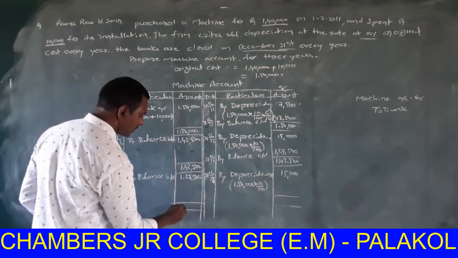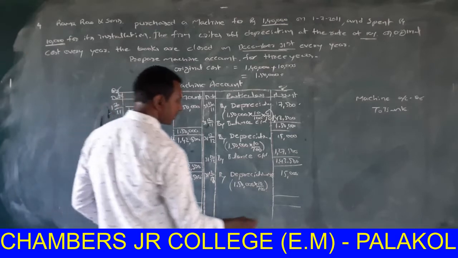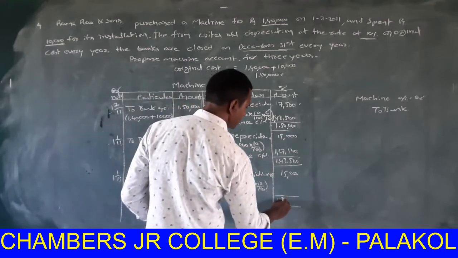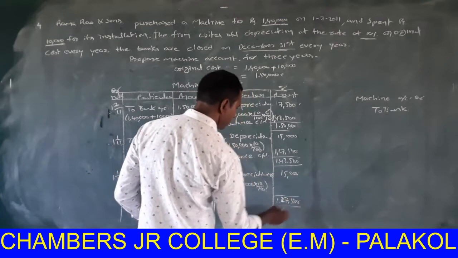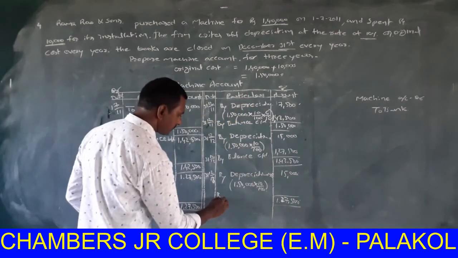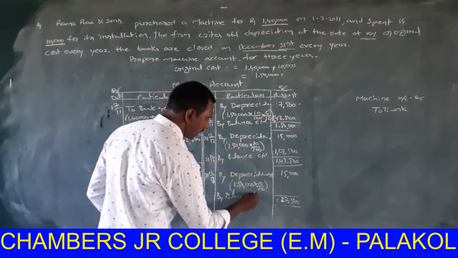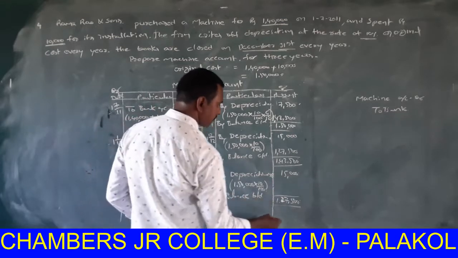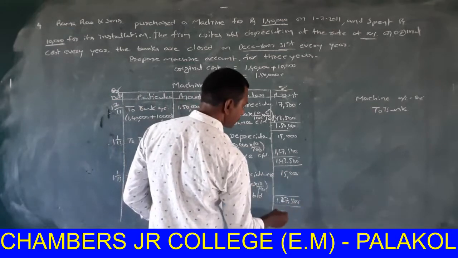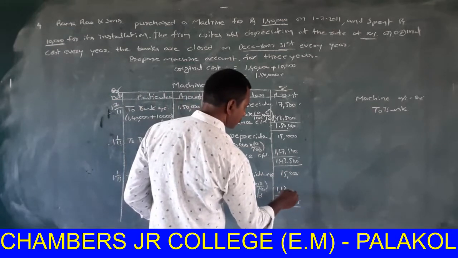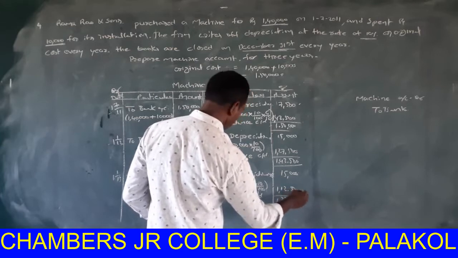Take the total on the debit side, 1,27,500. Here also 1,27,500. Now the balance by balance carried down: 1,27,500 minus 15,000 is 1,12,500.